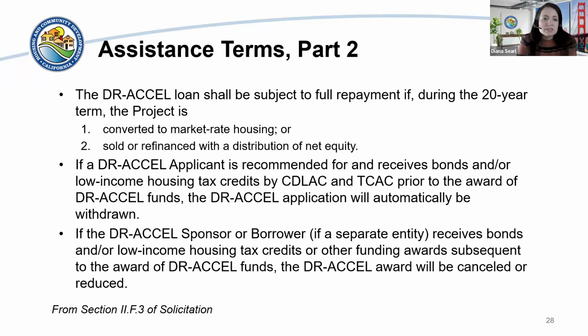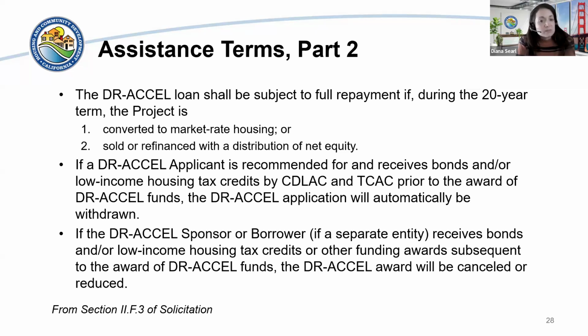Continuing with the terms of assistance, the loan shall be subject to full repayment if during the 20-year term the project is converted to market rate housing or sold or refinanced with a distribution of net equity. If the DRSL applicant is recommended for and receives bonds or low-income housing tax credits from CDLAC or TCAC prior to the award of the DRSL funds, the DRSL application will be automatically withdrawn.